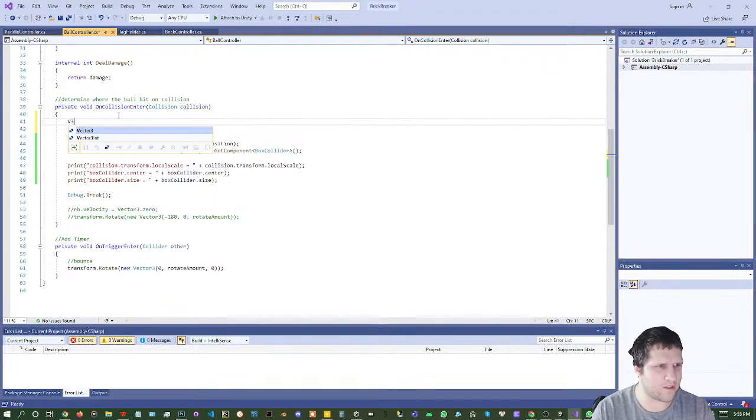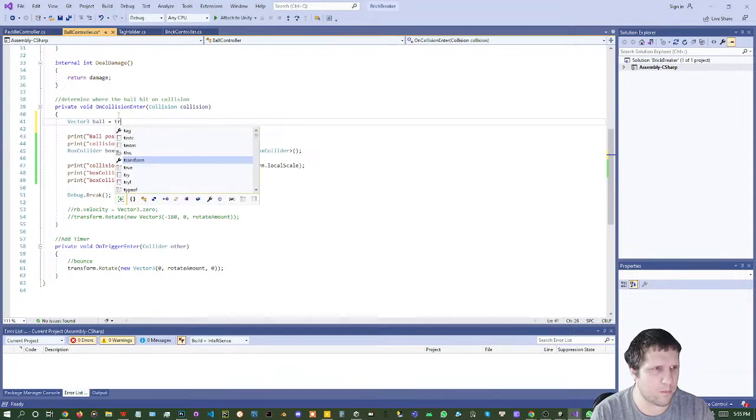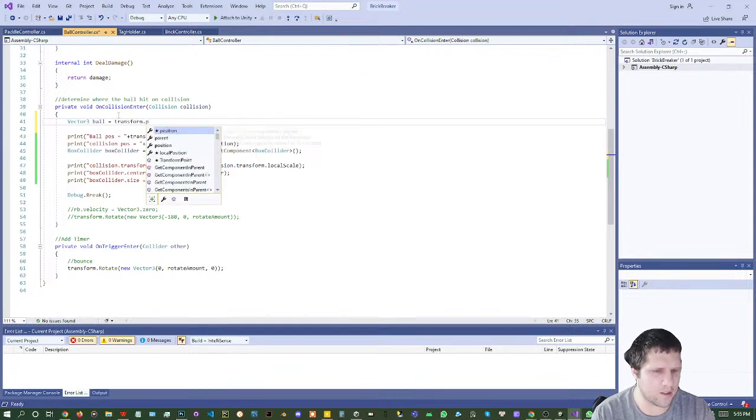So let me say vector 3 ball equals the transform dot position.